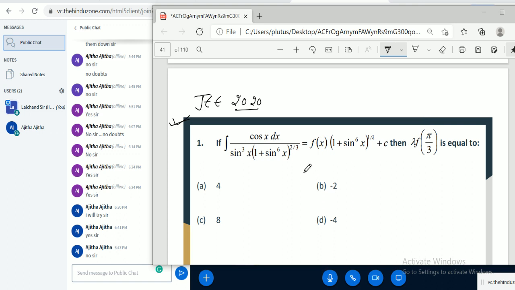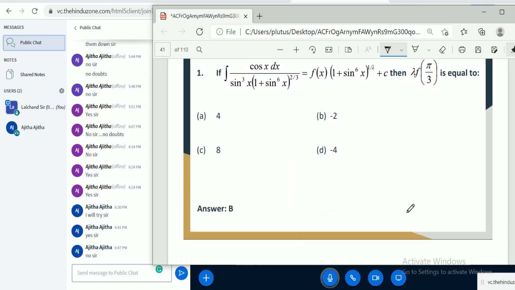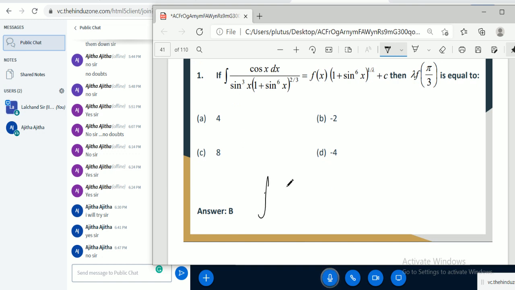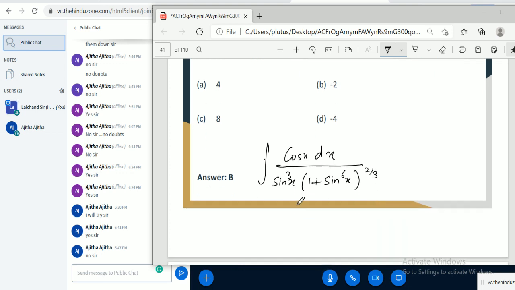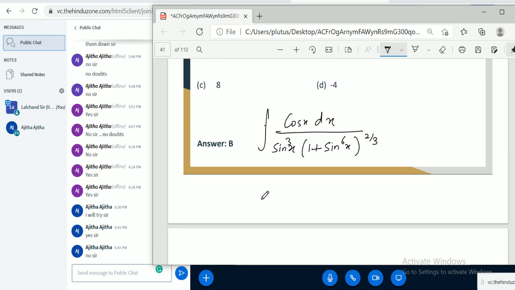How to solve this question? Look, our integral is integration of cos x dx divided by sin to the power 8 x plus sin to the power 2 by 3 (the bracket term). So if we take sin 6x as common from this bracket, then we have cos x dx divided by sin cube x.